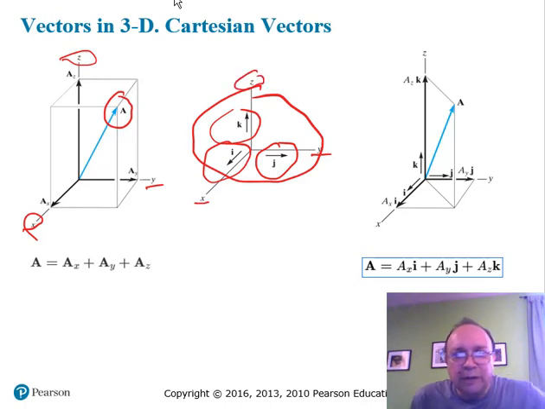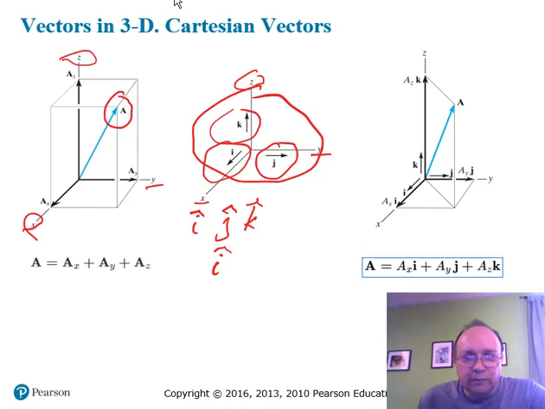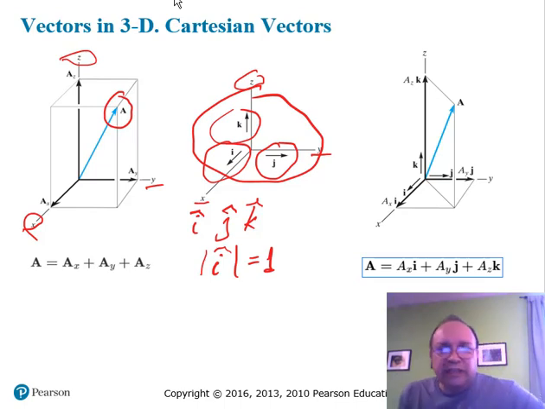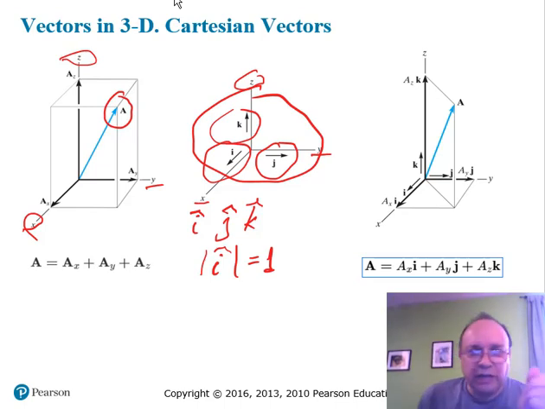This here on the drawing is in bold characters, but if you are writing by hand, it would be better to denote these vectors as i, j, and k with a little hat. All of them have a magnitude of 1, so they just have direction. They indicate the direction of a vector. i, j, k are vectors of unit magnitude in the direction of x, y, and z.